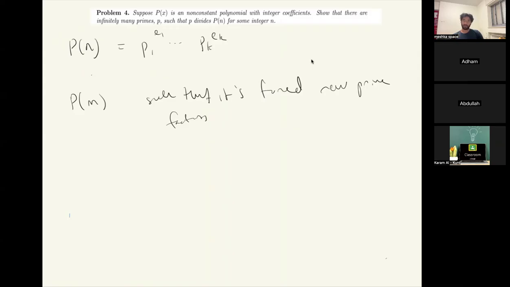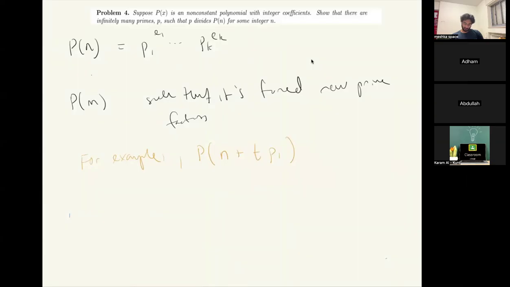So you want to make it so n and m are the same modulo these primes. For example, you can take p of n plus p1, or maybe in general, t times p1, where t is some integer.